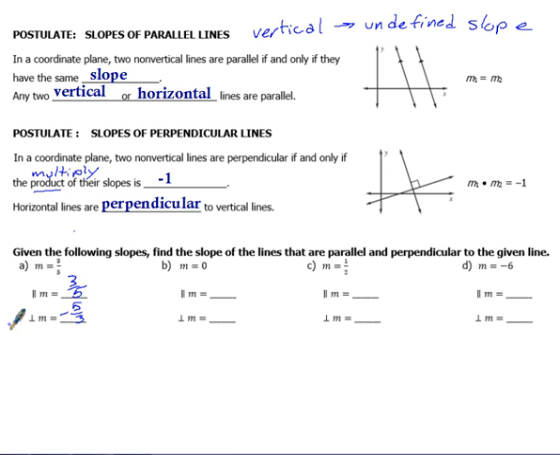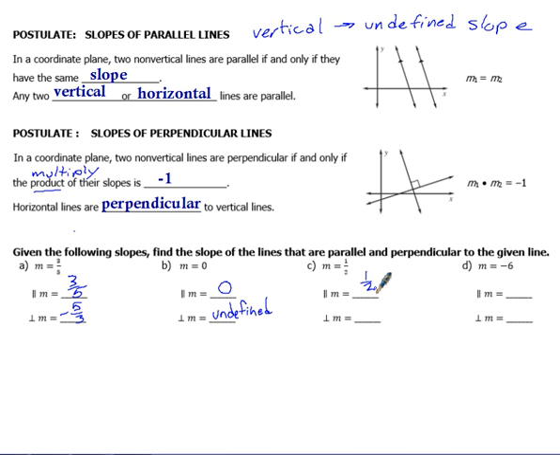A slope of 0, parallel slope stays the same. Perpendicular to a slope of 0 is undefined. So remember, 0 is that horizontal line. Perpendicular to that would be a vertical line. Vertical lines have a slope undefined. 1/2, parallel to 1/2 would be 1/2.